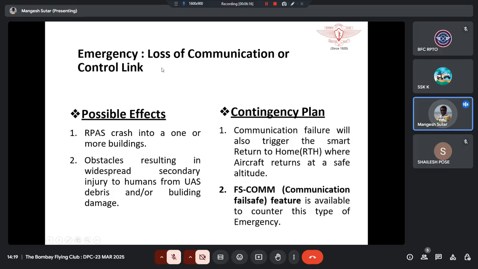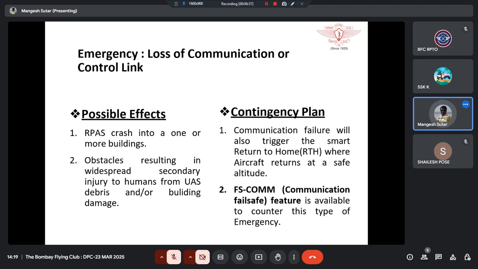But what you can do in this scenario? Because every time your drone is flying, it is always sending the inputs back to your remote. So there is a continuous communication handshake happening between the drone and the remote.